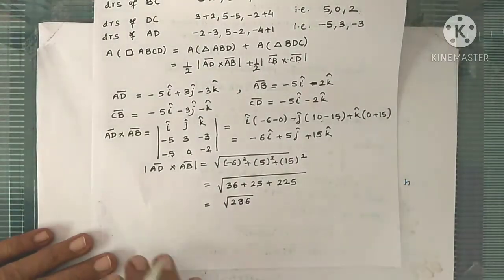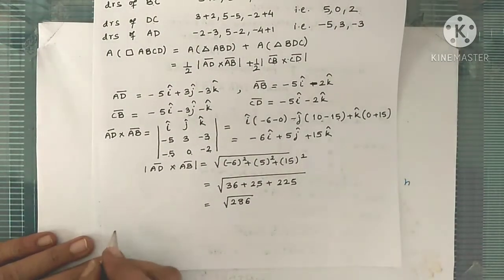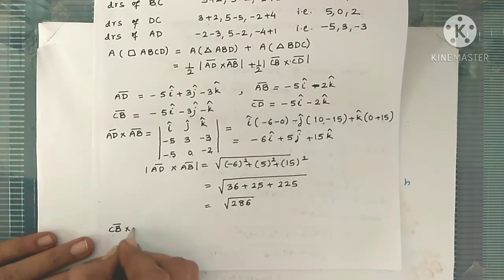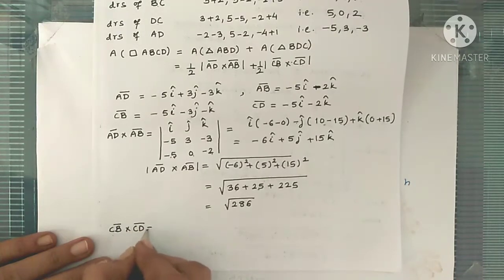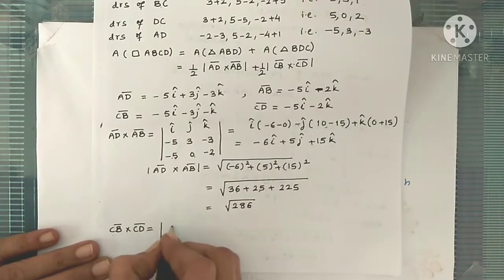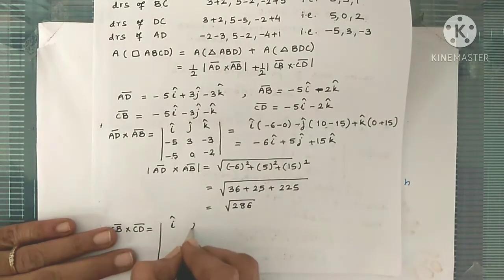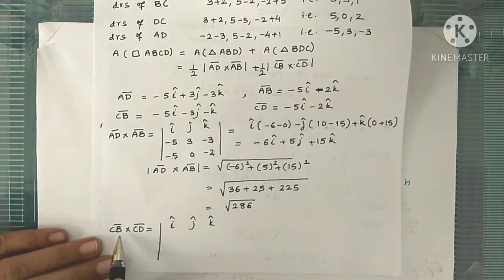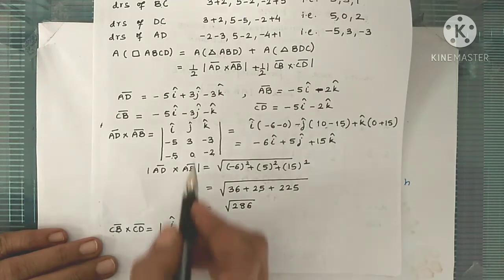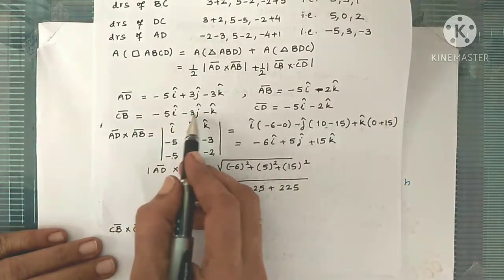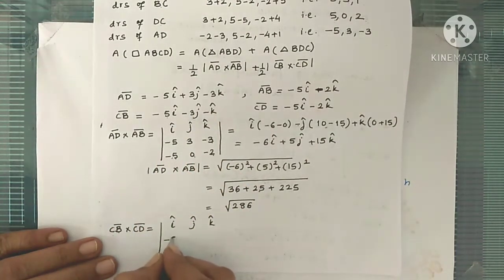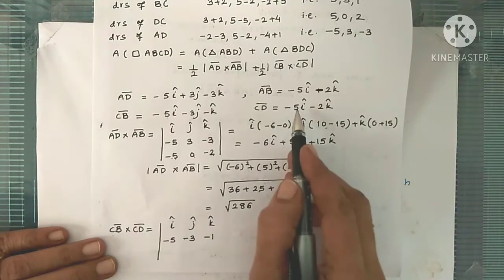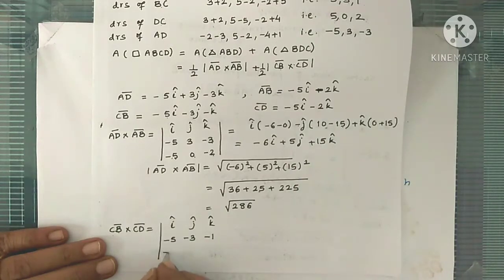Now let's find out CB bar cross CD bar and then its modulus. So CB bar cross CD bar is the determinant i cap, j cap, k cap. First we have to write the coefficients of i, j, k from CB bar. So those are minus 5, minus 3, minus 1. Now CD bar is minus 5, 0, minus 2.